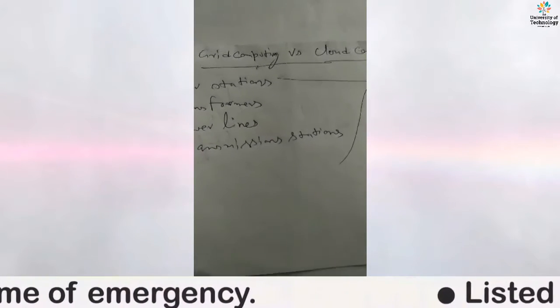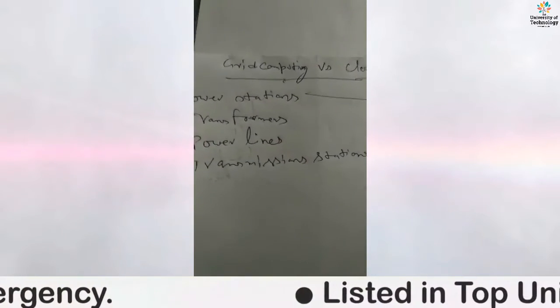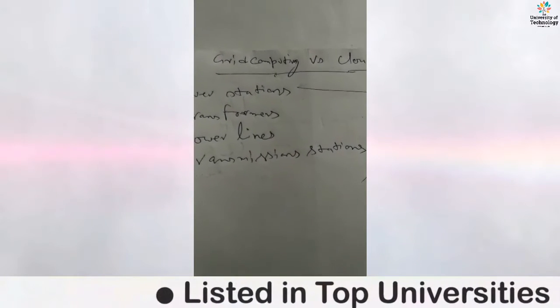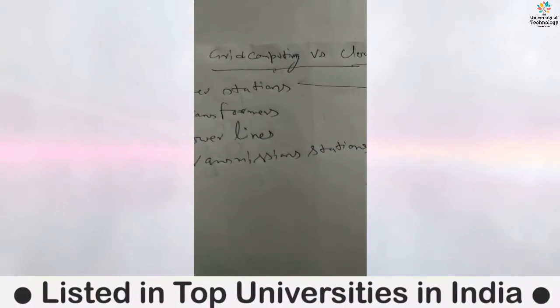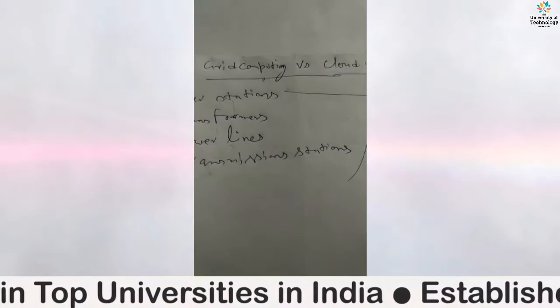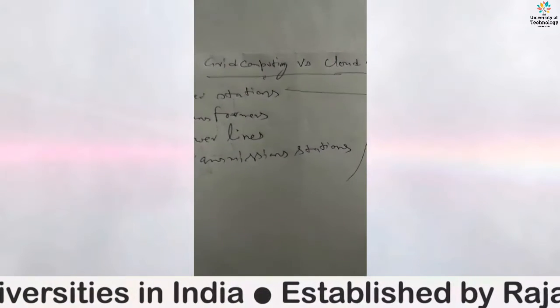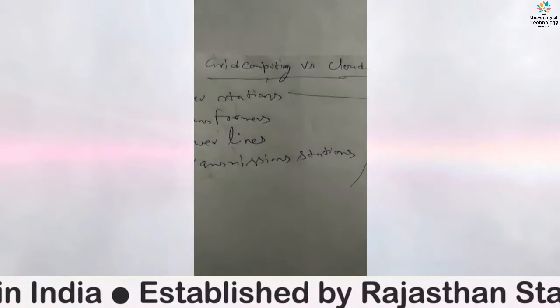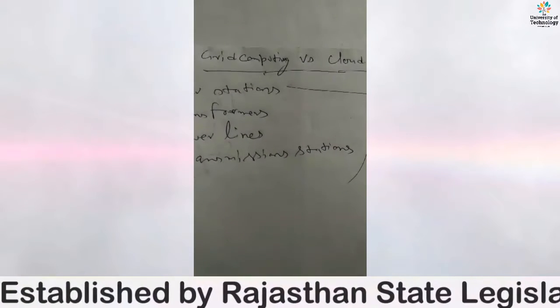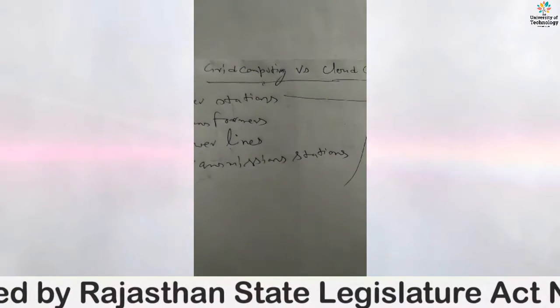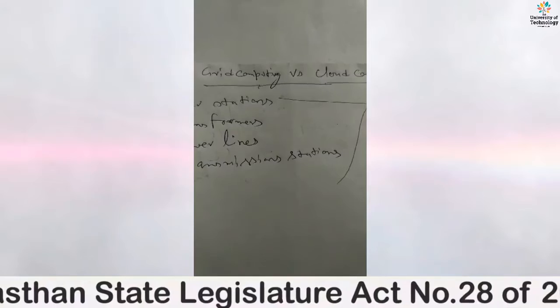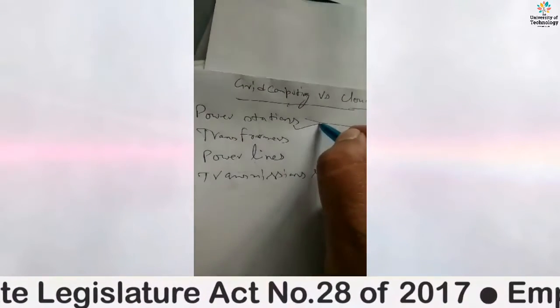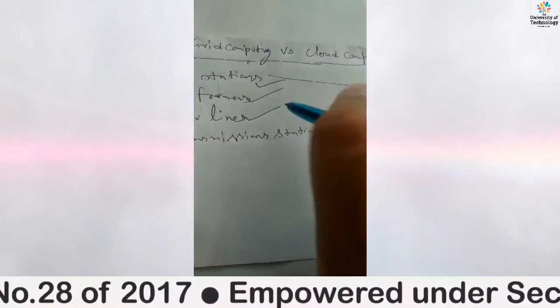So once again, when we switch on the fan or any electric device, we are less concerned about where the power supply comes from and how it is generated. The electricity that we receive at our home travels through a chain of network which includes power stations, transformers, power lines, and transmission stations.